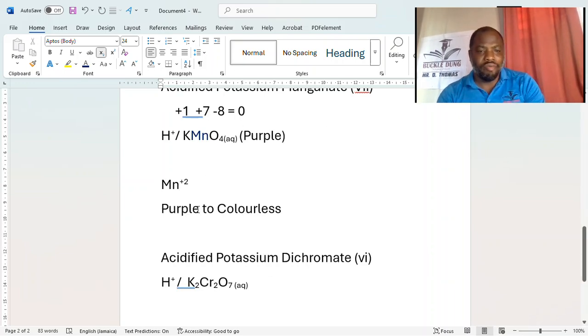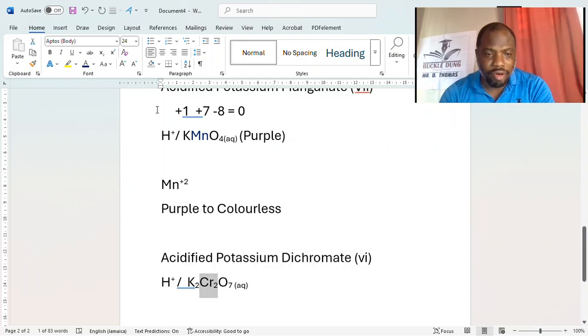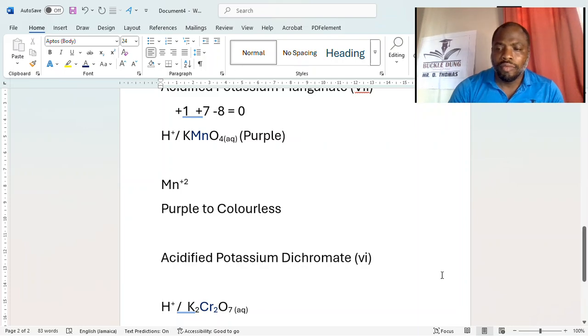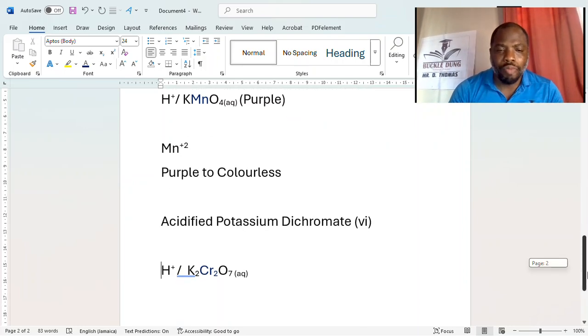So acidified potassium dichromate is another popular oxidizing agent. So let me zero in on the dichromate. Now again, we're looking at a neutral compound.